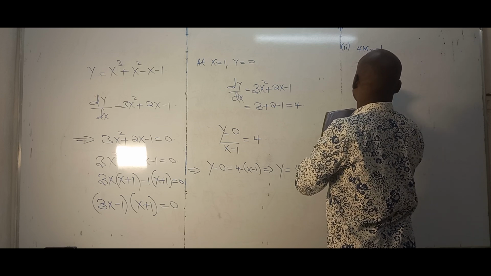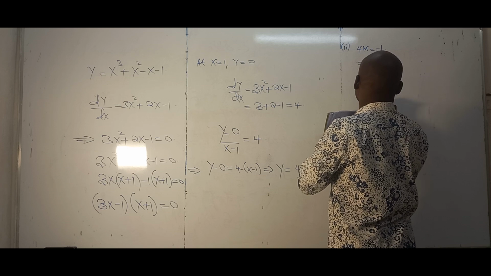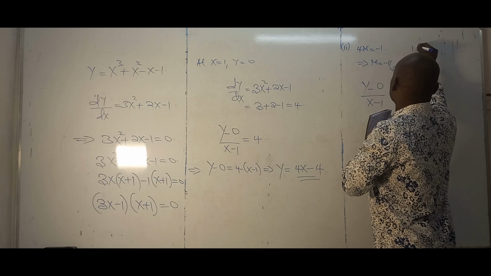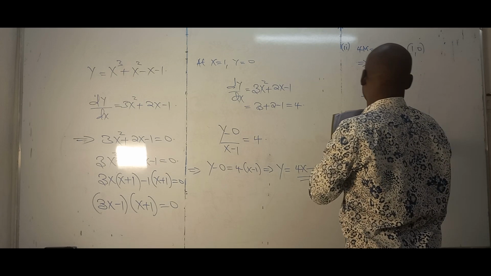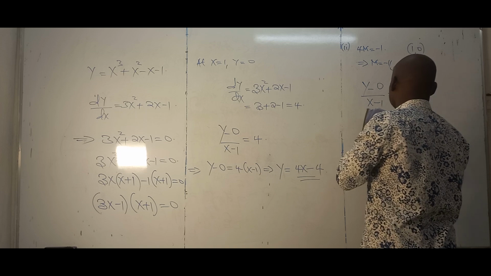So taking an arbitrary point, y minus 0 and x minus 1, because we had the point, that's a point along the line, should give us negative 1 over 4.